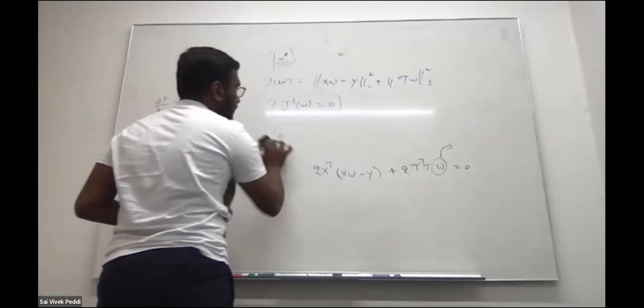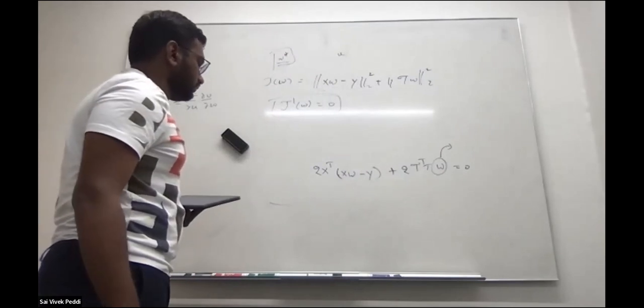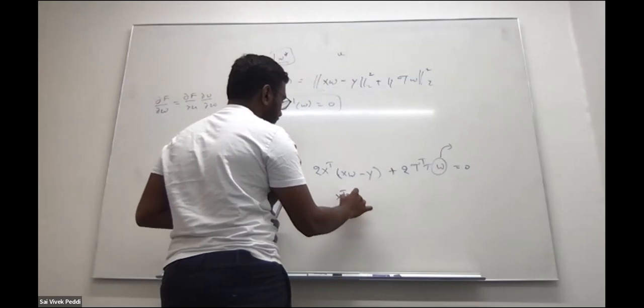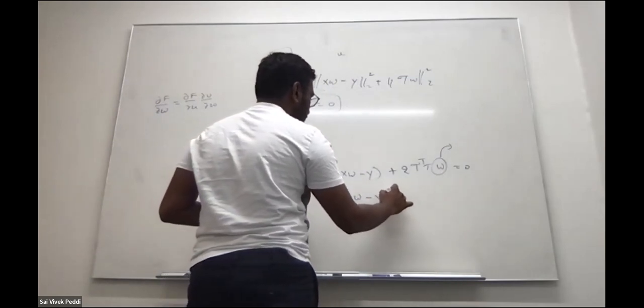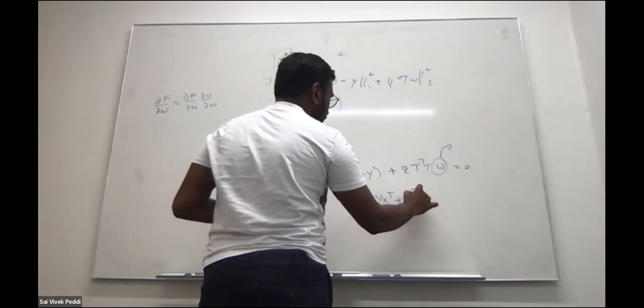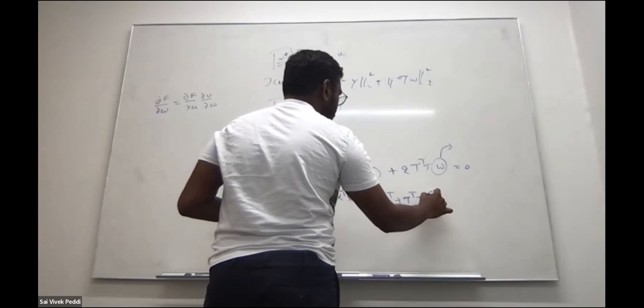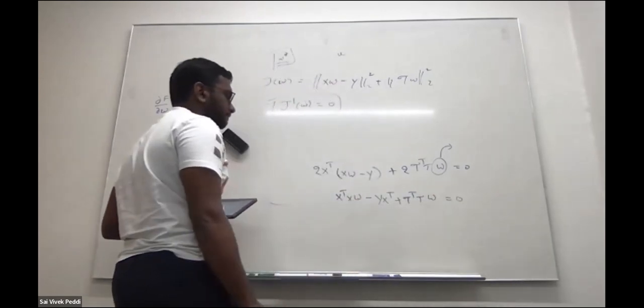So if I equate this whole thing to 0, then it's essentially x transpose x into w minus y into x transpose plus tau transpose tau into w equals to 0. Right?